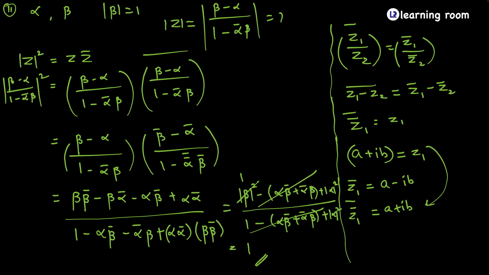Then it will be 1 minus this thing plus mod alpha square, the whole divided by the same thing. Numerator and denominator are same, that's why I cancel.